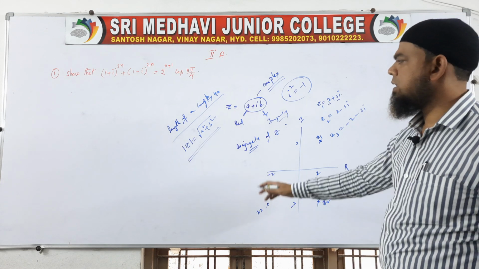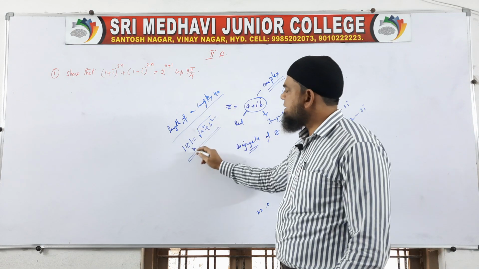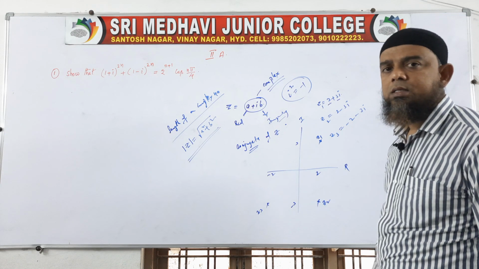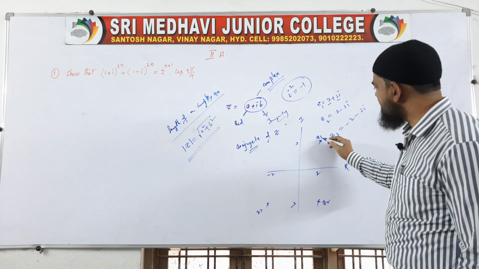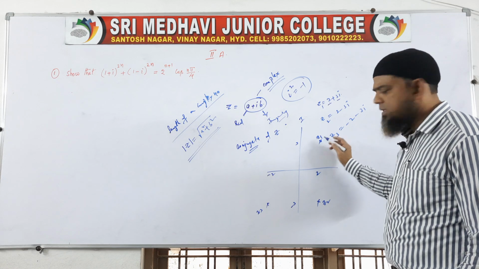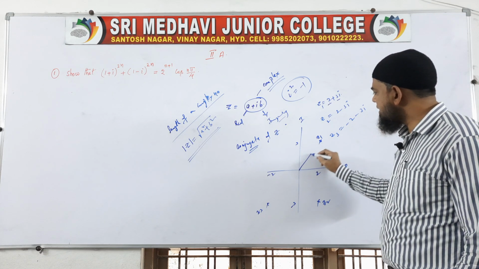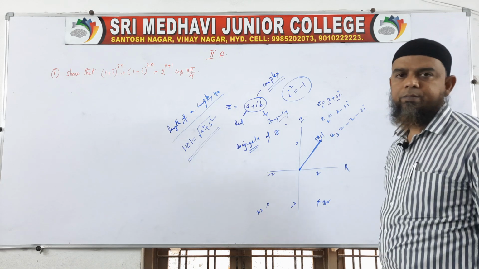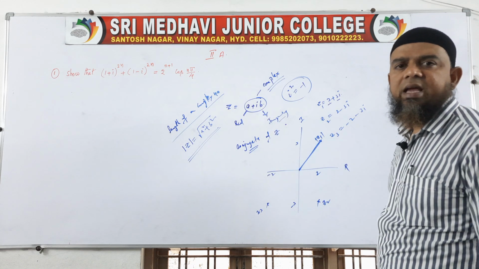As I said just now, the length of a complex number, mod z, is the square root of a square plus b square. Sir, how is it shown in the diagram? See, it is z1. The length of a complex number means the distance from the origin to that z1, which is mod z1. The formula is the same.